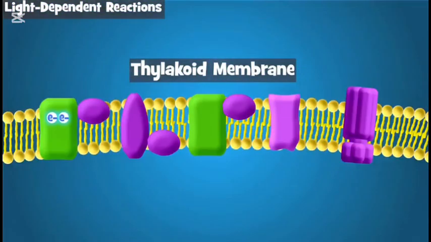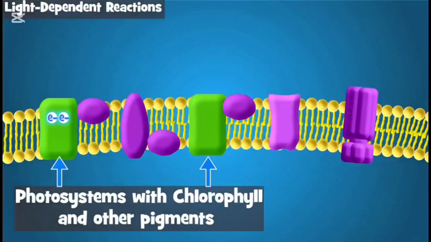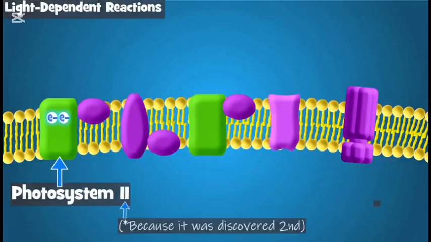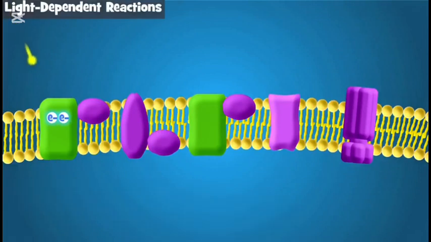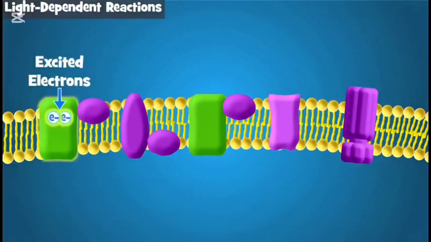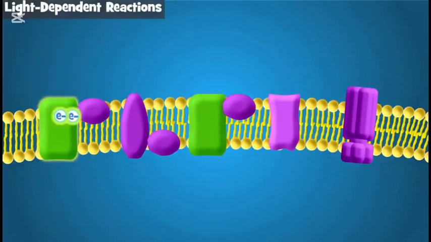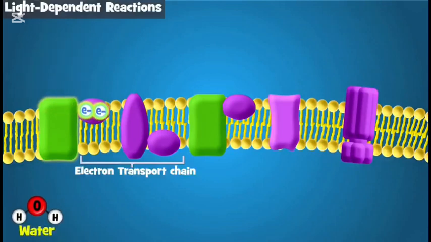If we go deep inside the thylakoid, the membrane contains two chlorophyll A molecules. The chlorophyll molecule is represented in green color, and each chlorophyll A molecule has two electrons, and when the light strikes, these electrons become excited and are emitted from that chlorophyll molecule.